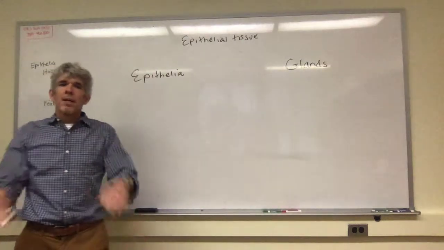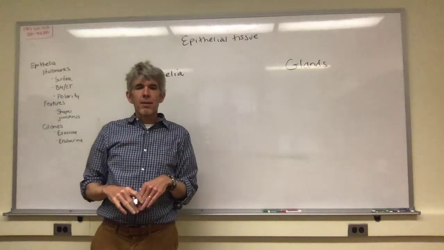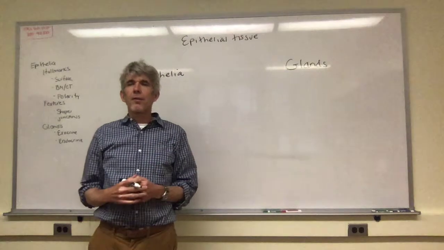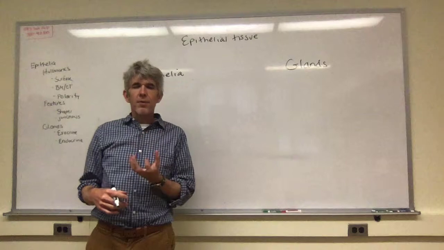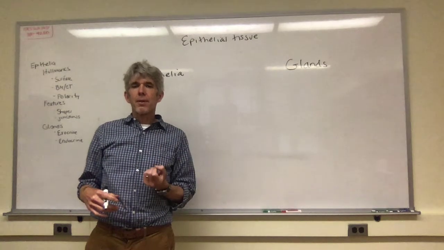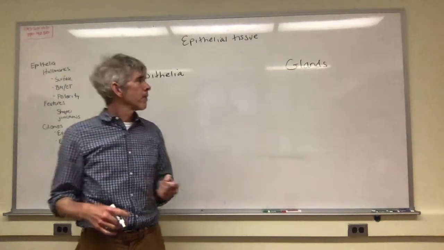An epithelium is a surface of cells, underlain by connective tissue, and a gland is a cluster of cells that secretes molecules. Okay?